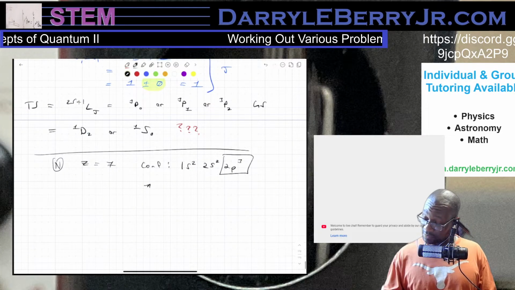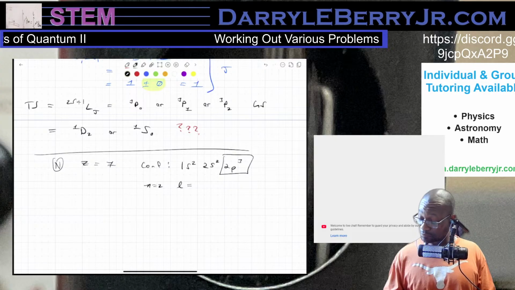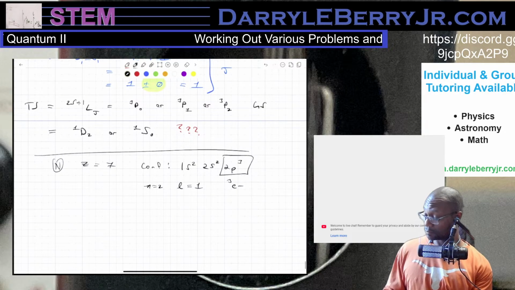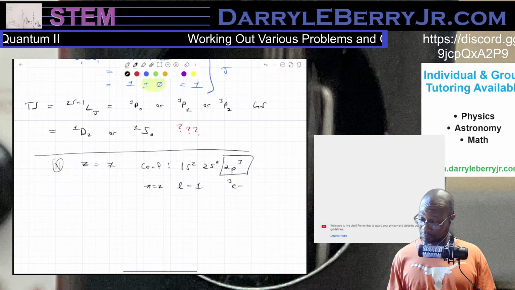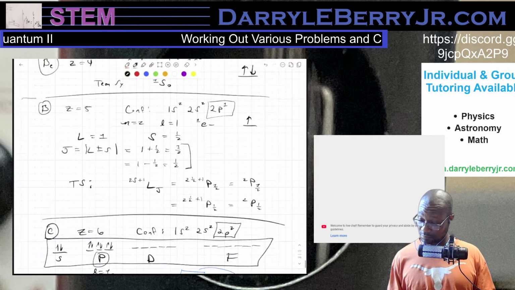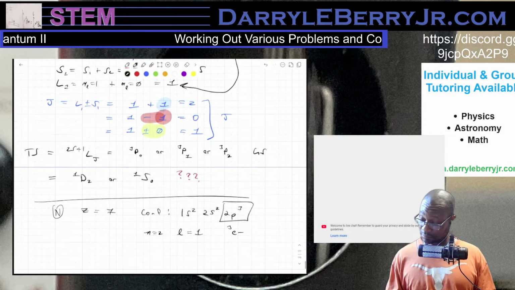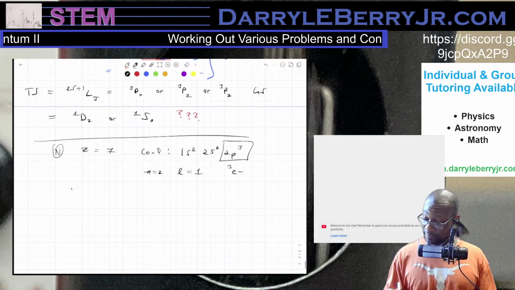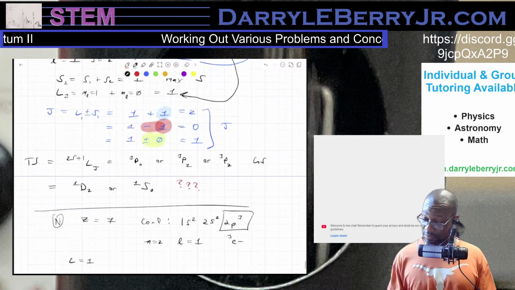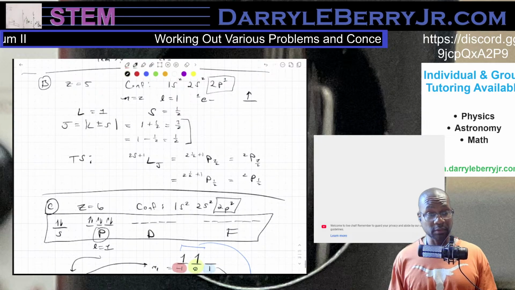So we still have N equals 2, little l equals 1, and 3 electrons. We have big L equals 1.